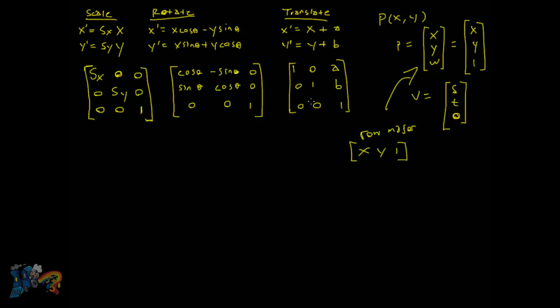So the translation matrix, for example, in row major: this column becomes this row, so 1 0 0, then we get 0 1 0, and then A B 1 becomes the last row. So this is the translation matrix in row major. Then we could take x, y, and 1 and multiply it by this, and we would get the algebraic result we were looking for.